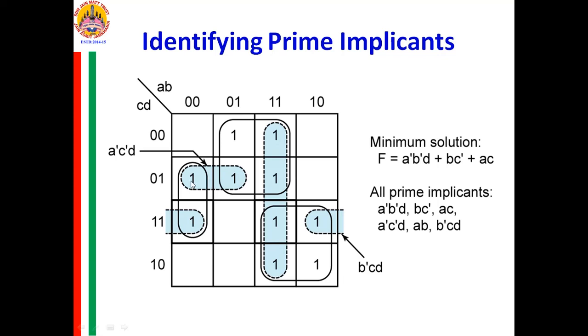Now this one and this one, you can combine together, and this pair cannot be combined with any other one to form a quad. Therefore, this is also a prime implicant. The Boolean expression for this particular pair is A bar C bar D.